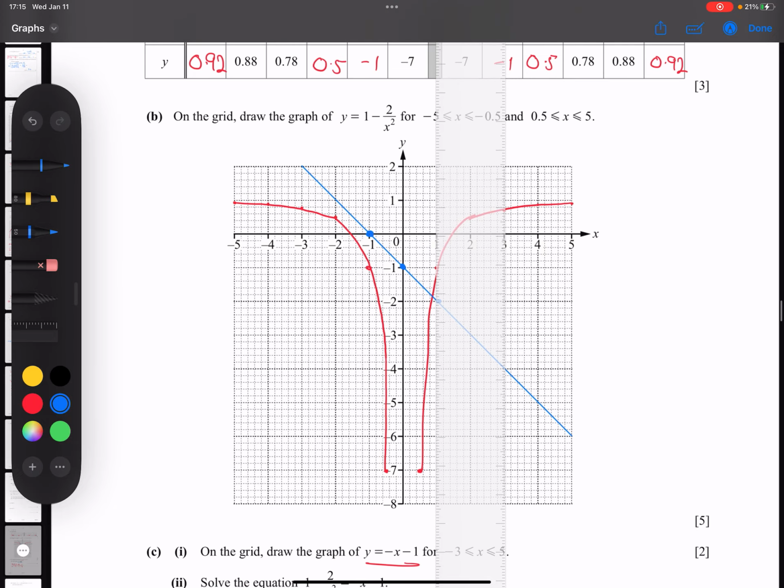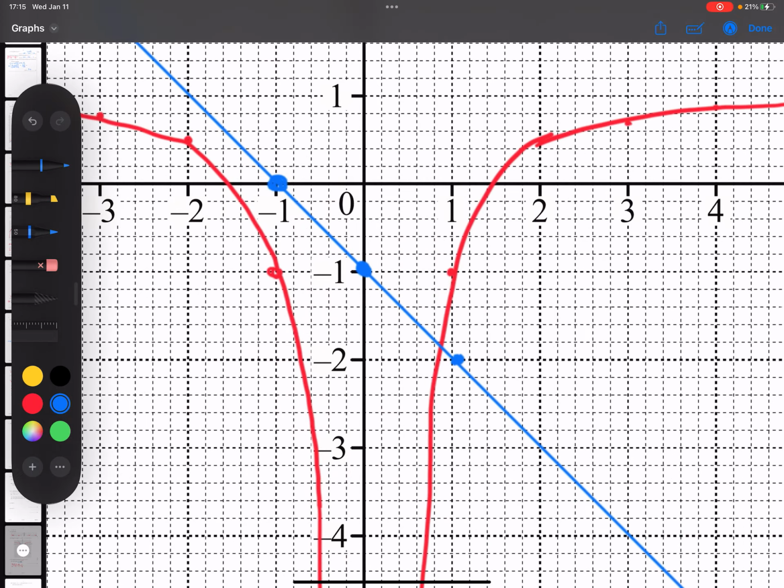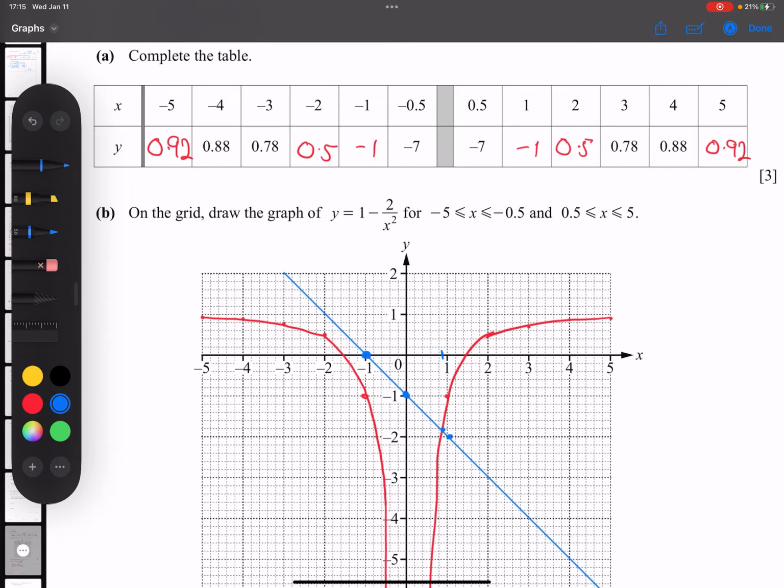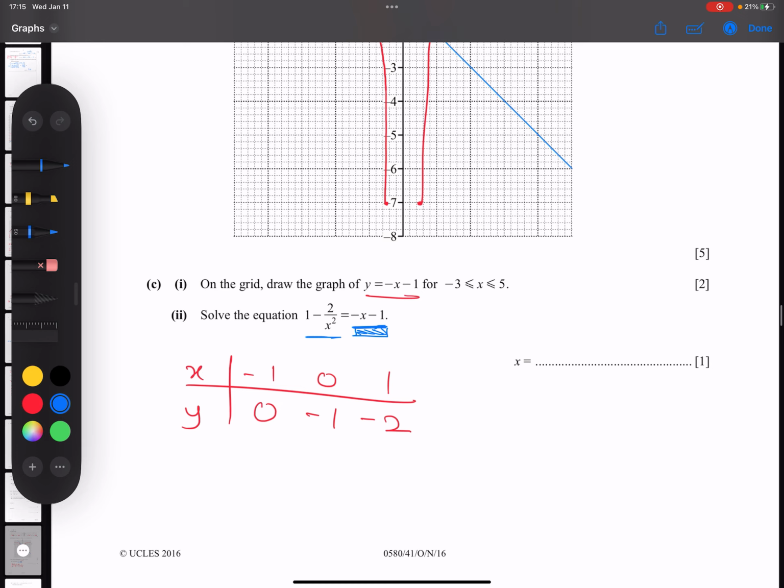The point of intersection is over here, so you track it to this position. So 0.9 is your answer. This is the value of x, which is 0.9.